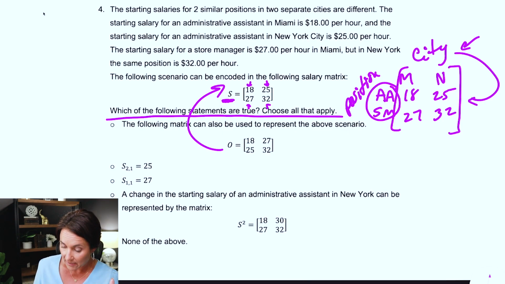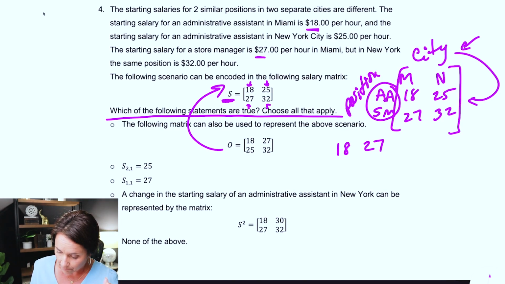Now I have 18 and 27. That looks like the starting salary for an admin assistant in Miami and the starting salary for a store manager in Miami. So that looks like it's going okay. This is position, and this looks like it's Miami.